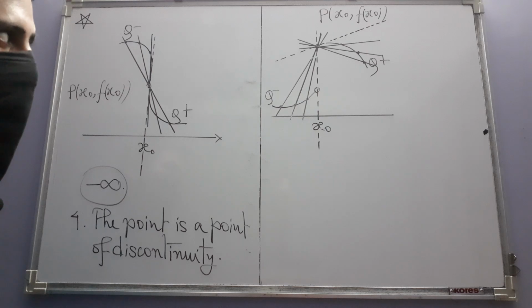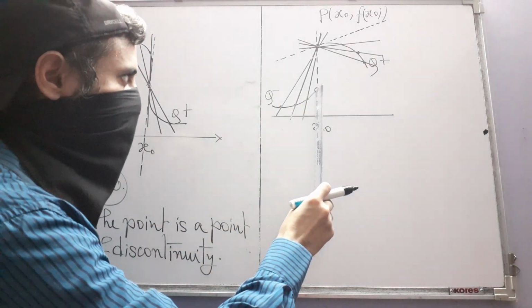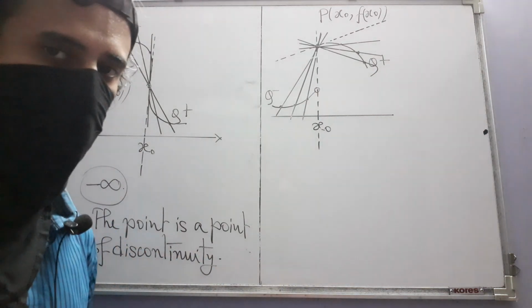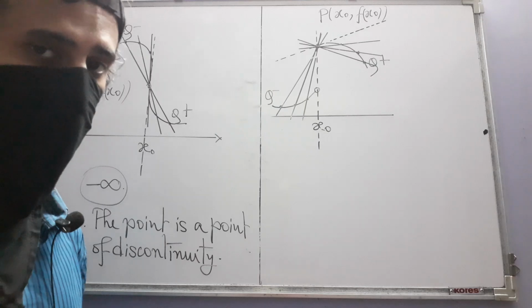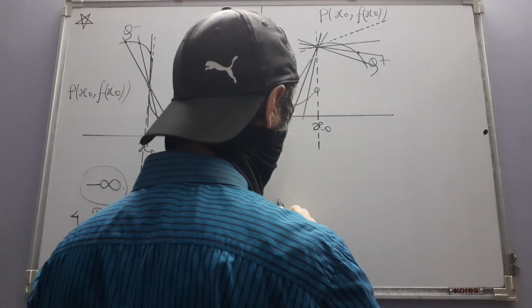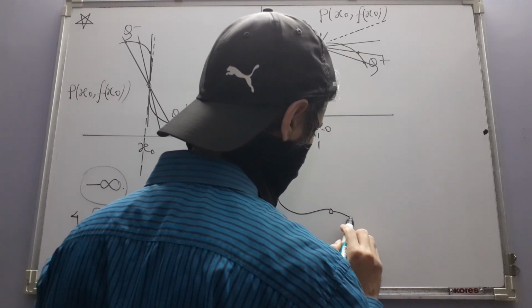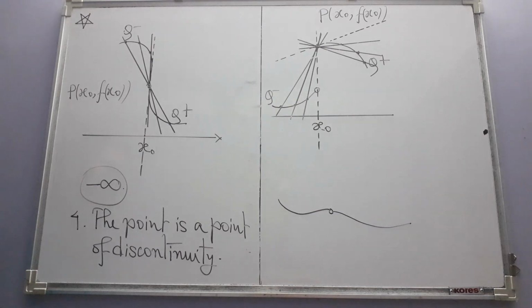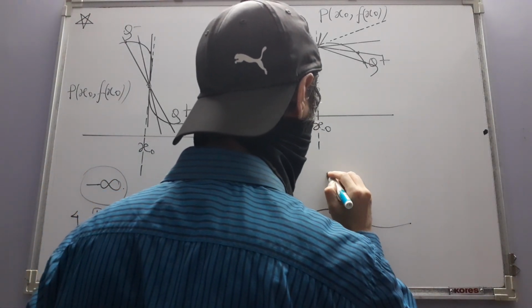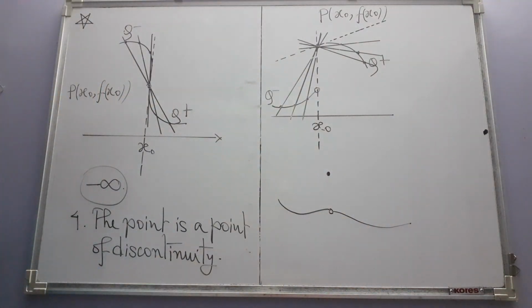And there is another case. Here we have a jump discontinuity where the values suddenly jump from this to this at x naught. But besides jump discontinuities, we also have removable discontinuities. What about that? Say you have a graph which goes like this, and at this point the function has this value, not that value.